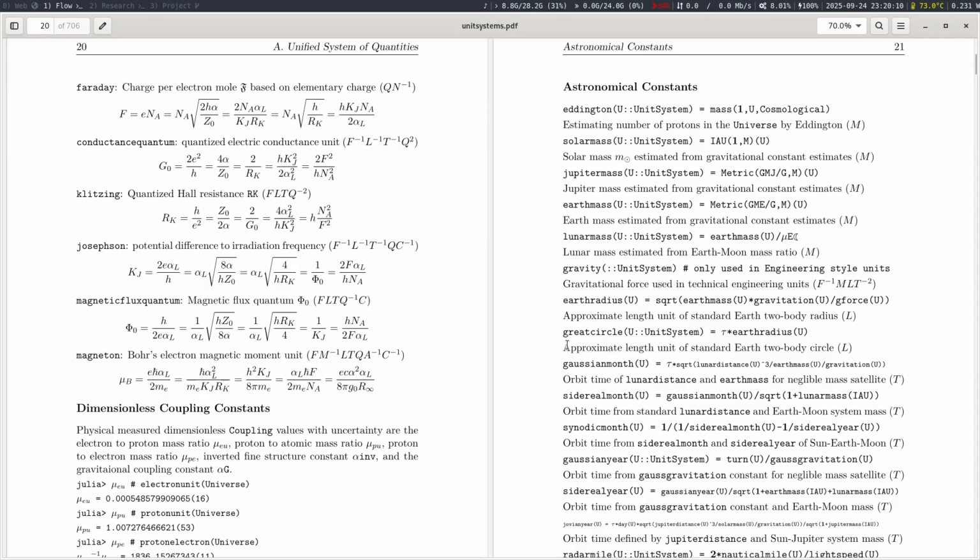The great circles, the approximate length unit of the standard Earth two-body circle. Then we have the Gaussian month, which is the orbit time of the lunar distance.